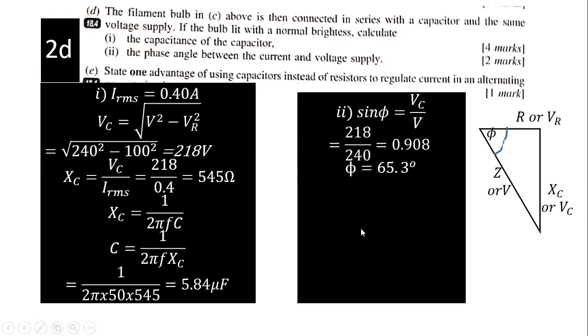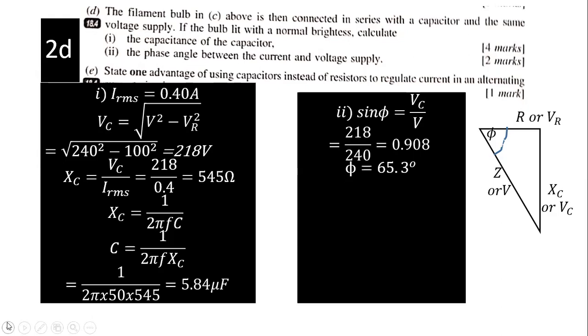Question 5: State one advantage of using a capacitor instead of a resistor to regulate the current in the alternating circuit. Instead of using two resistors, you replace the resistor with a capacitor.